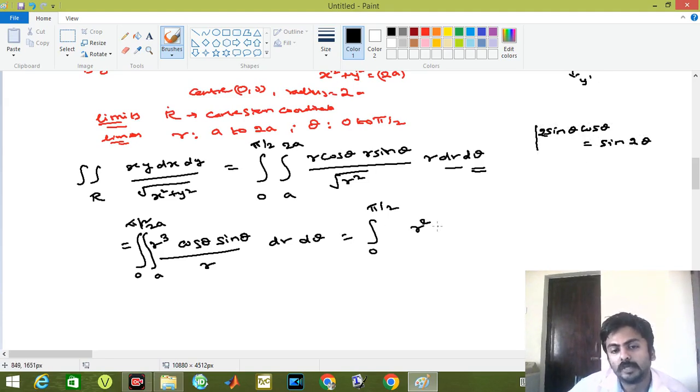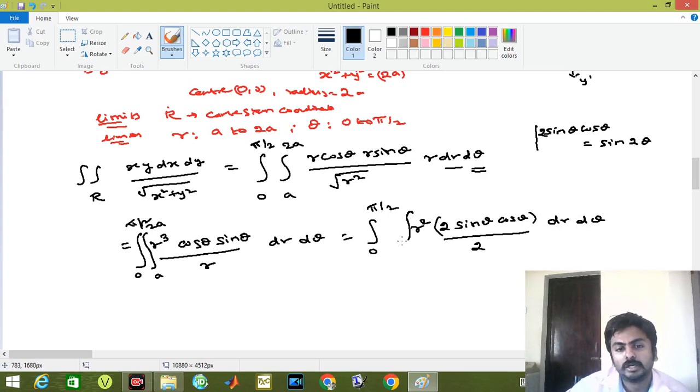So I am going to multiply by 2 and divide by 2, writing it as 2 sin theta cos theta divided by 2, into dr d theta. Here r goes from a to 2a.